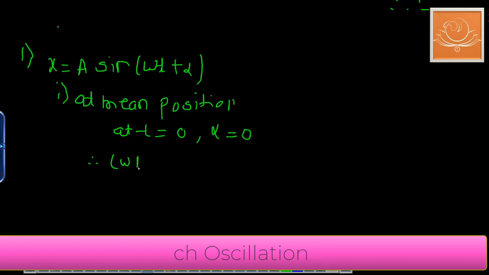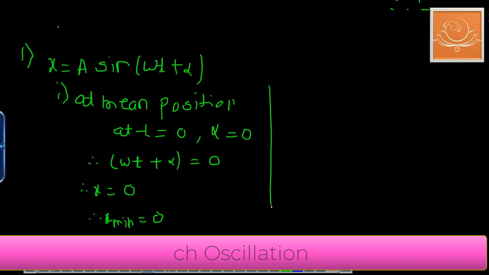Hence the bracketed term omega t plus alpha is also equal to 0. Hence x becomes 0. This is the minimum value of the displacement. We can write x minimum equal to 0.